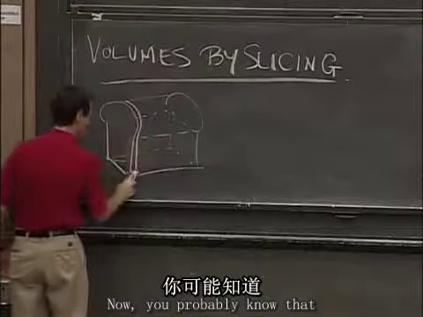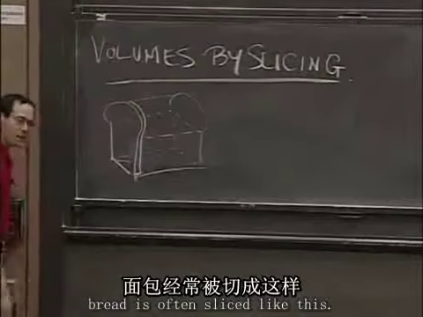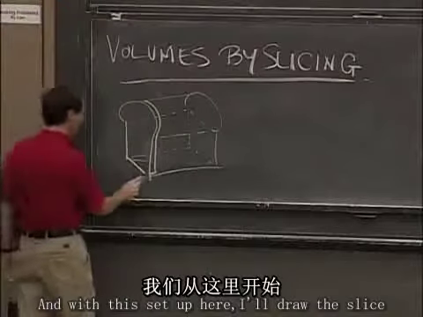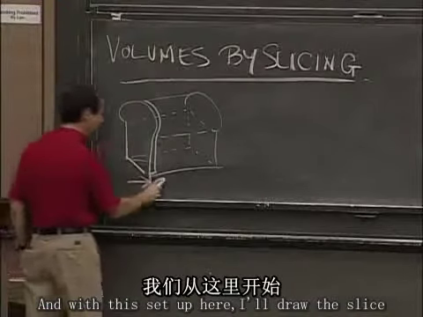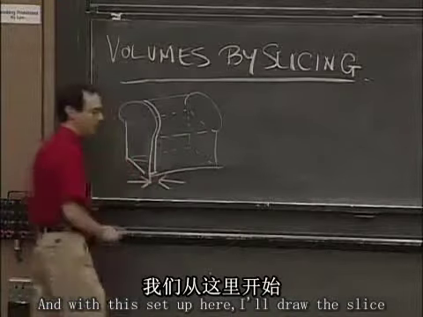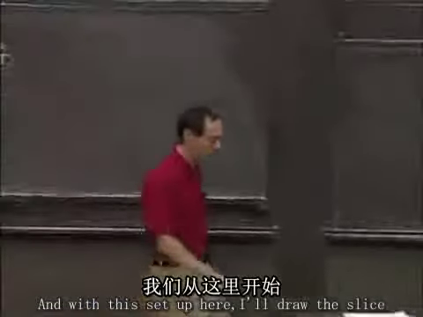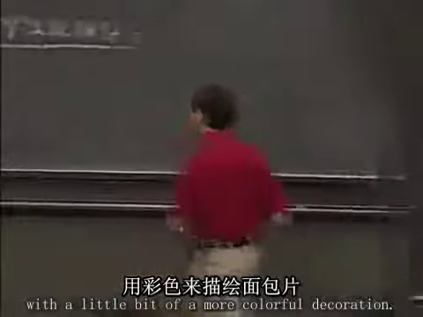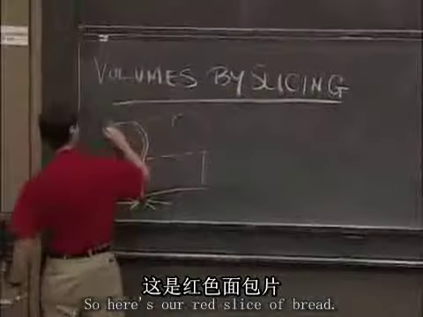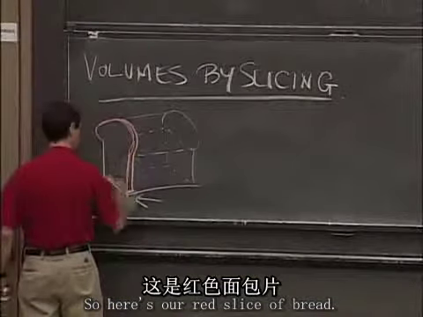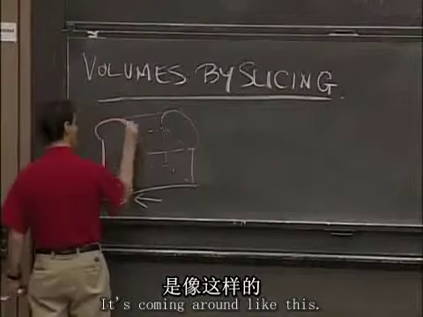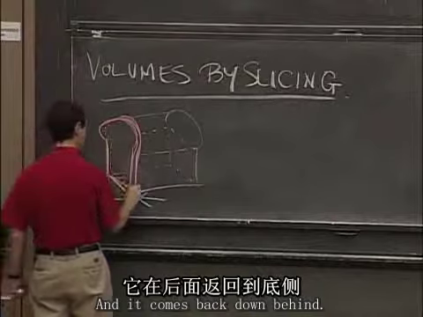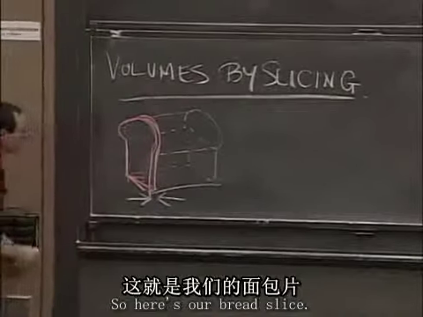Now, you probably know that bread is often sliced like this. There are even machines to do it. And with this setup, I'll draw the slice with a little bit more colorful decoration. So here's our red slice of bread, coming around like this, and it comes back down behind. All right, so here's our bread slice.